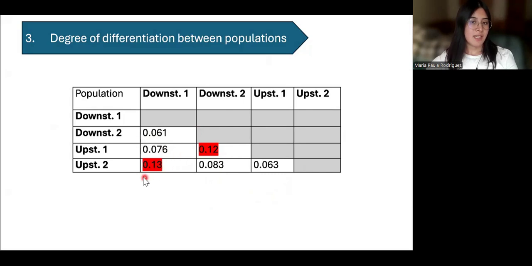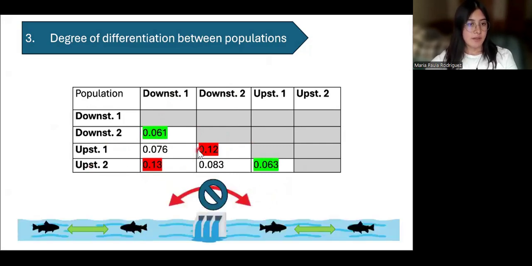I found that the greatest genetic differentiation occurs when comparing populations that are separated by the dam, whereas the lowest levels of differentiation occur between populations that inhabit the same section of the river. Thus, this suggests that movement of fish between populations may be limited when there are physical barriers separating them.